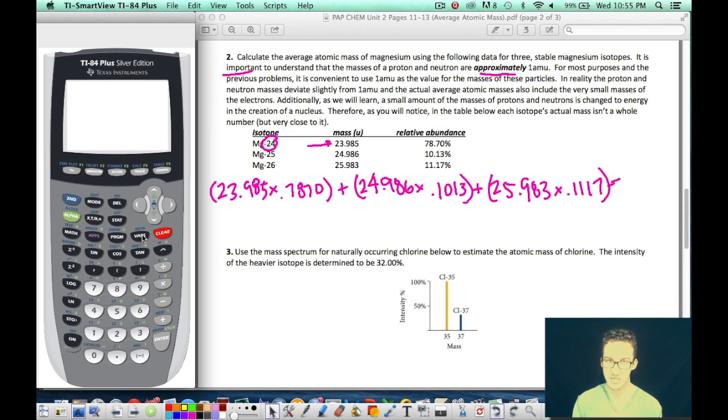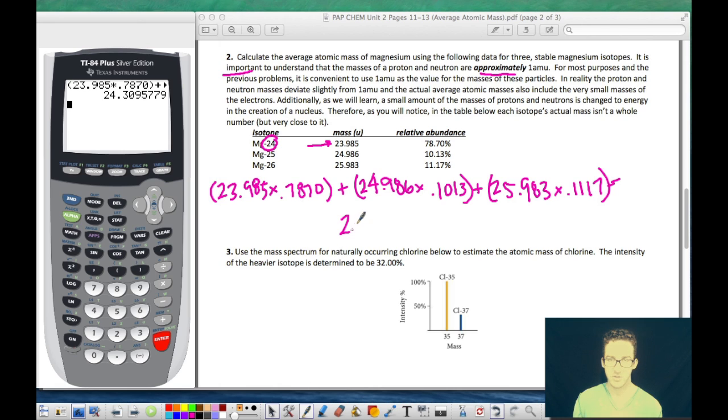Then it's just a matter of busting out the good old calculator, plugging and chugging. 23.985 times 0.7870, close parentheses, plus 24.986 times 0.1013, close parentheses, plus parentheses 25.988 times 0.1117, close parentheses, solve. 24.31 sounds pretty good. 24.31.